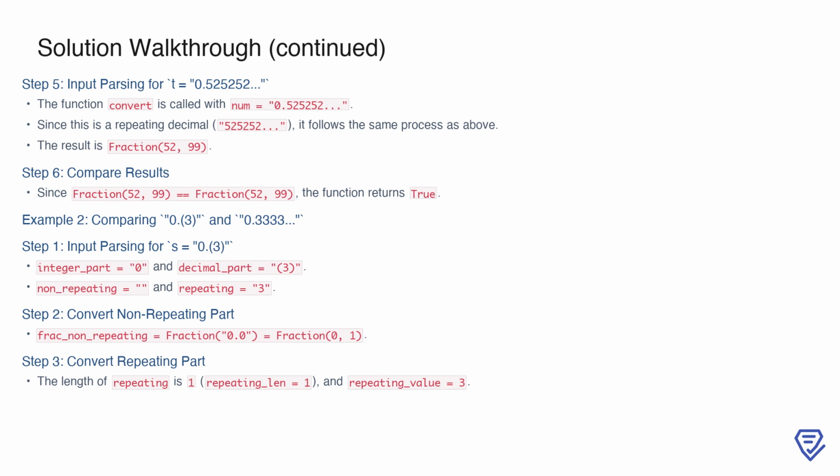The fractional value of the non-repeating part is straightforward, frac_non_repeating equals Fraction(0.0), which equals Fraction(0, 1). For the repeating part, we note that the length of repeating equals 3 is 1. This allows us to compute the repeating fraction as Fraction(3, 9), which simplifies to Fraction(1, 3).